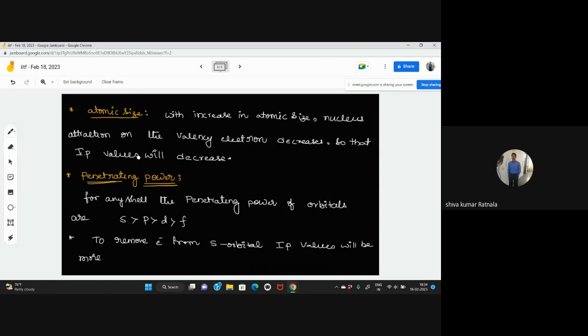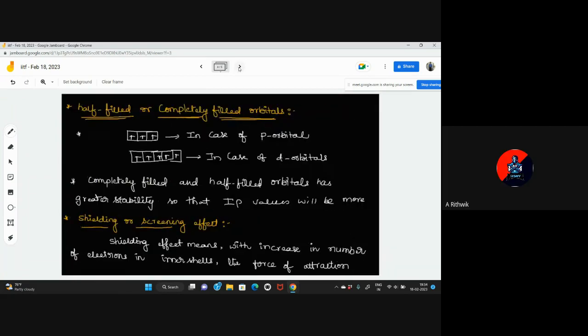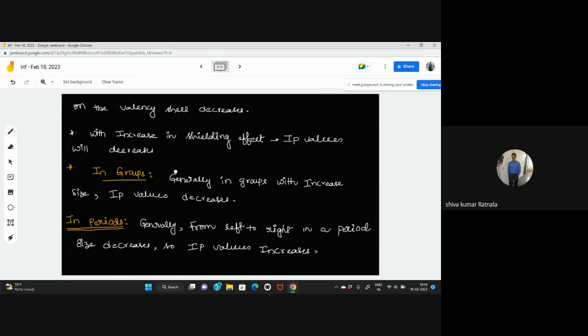They are inversely proportional. Now say, in a group, size will increase or decrease?